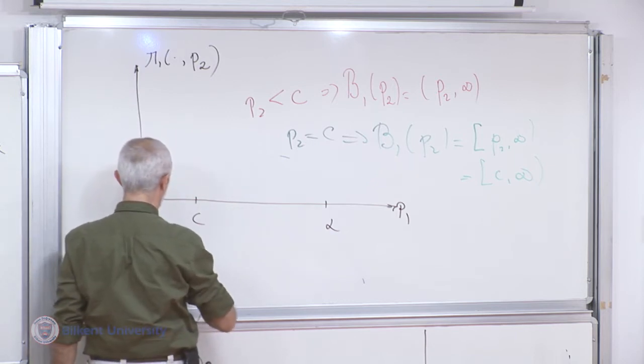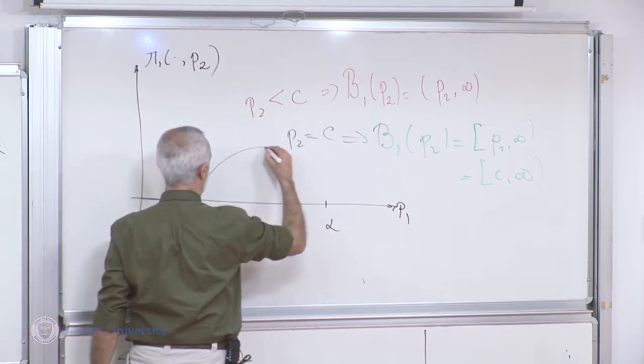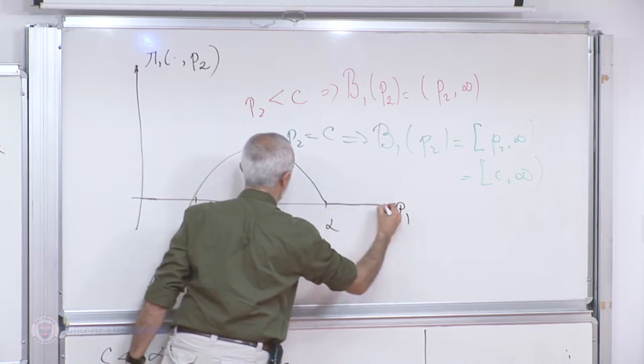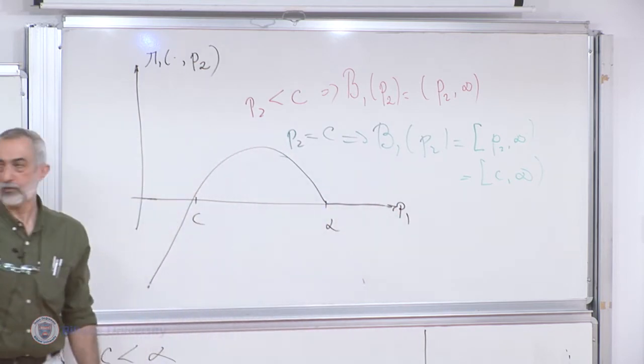That's how this function behaves if there was no restriction.